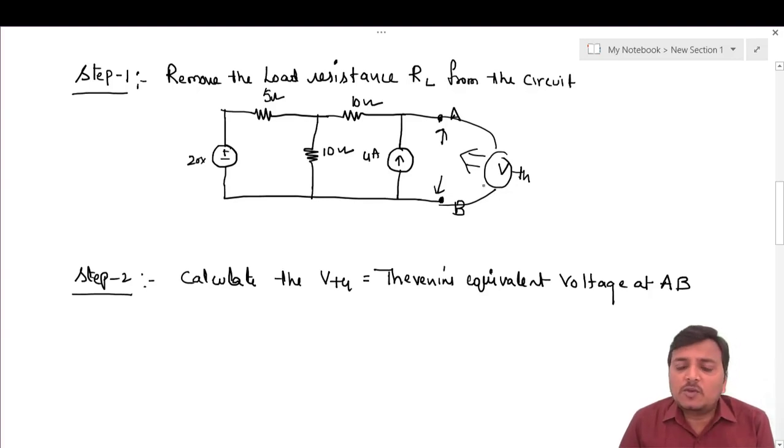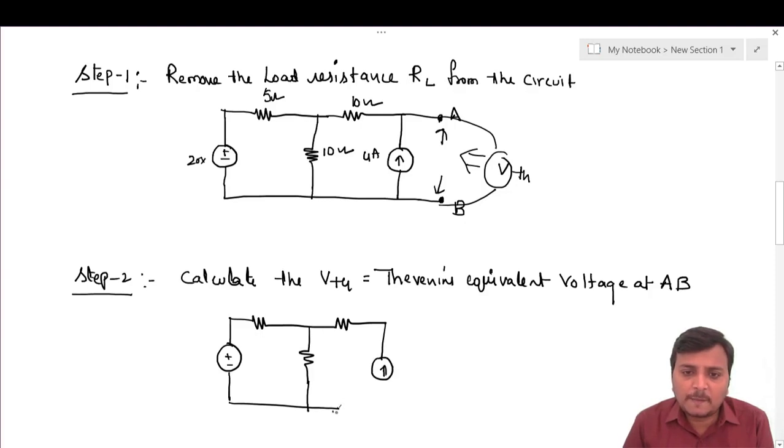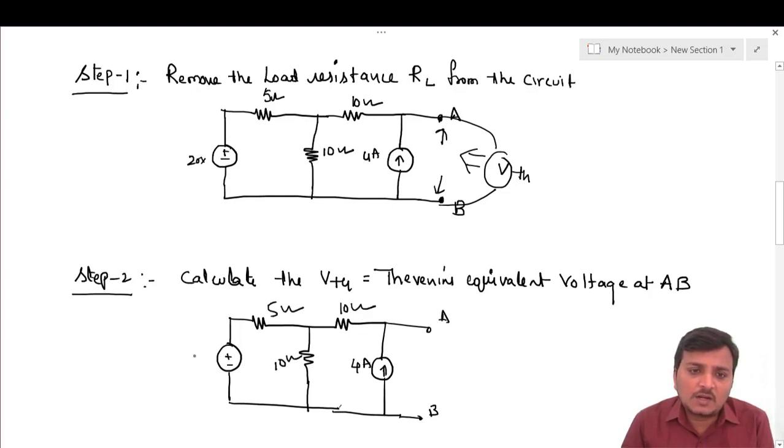That is the calculation of VTH using a normal voltmeter. How can you calculate it theoretically? In a simple way, you can redraw the circuit: 5 ohms, 10 ohms, 10 ohms again, and a current source of 4 amperes, with terminals A and B, a 4 ampere current source, 10 ohms and 5 ohms, 10 ohms and 20 ohms.